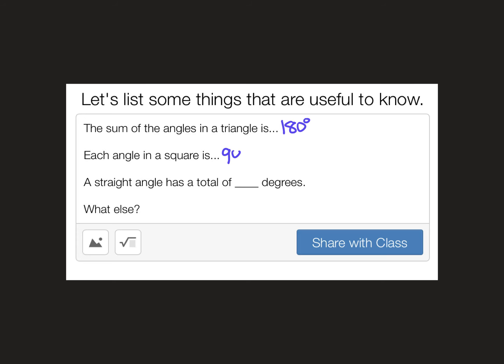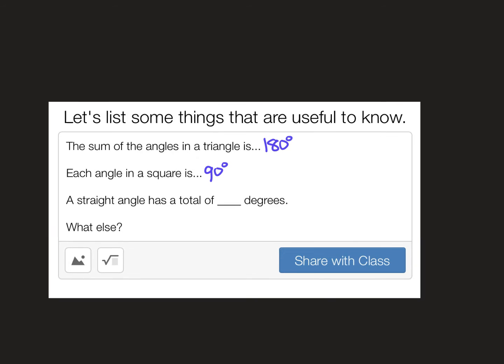Each angle in a square is 90 degrees, and a straight angle has a total of 180 degrees. A straight angle is just like if you literally have a straight line and we're asking about this angle right here.